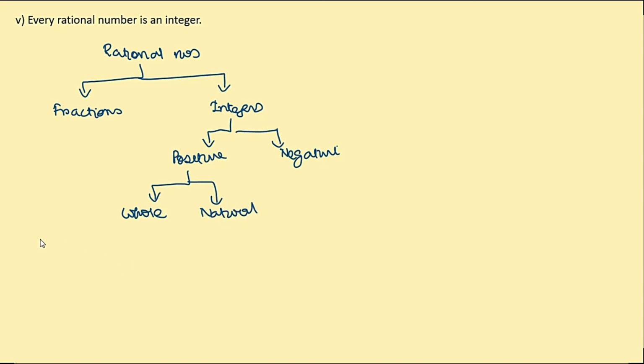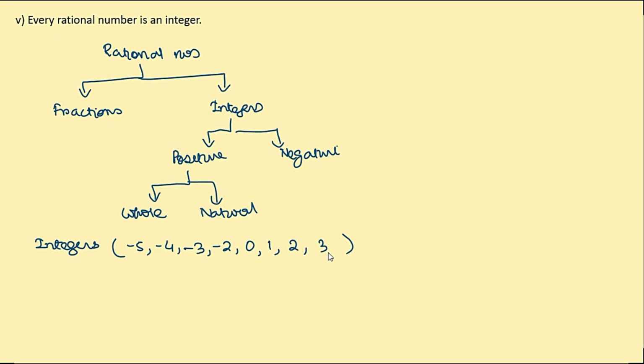Okay, and integers include only the negative and the positive integers, right? -2, 0, 1, 2, 3. So these are the examples of integers. Okay, so fractions are not integers, right? Fractions are not integers.